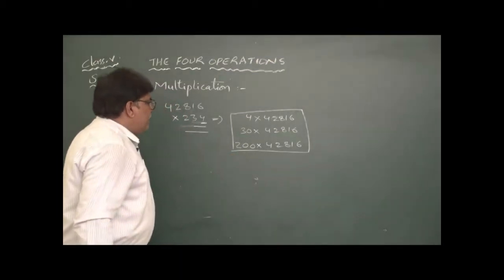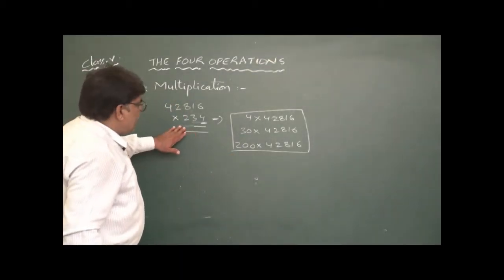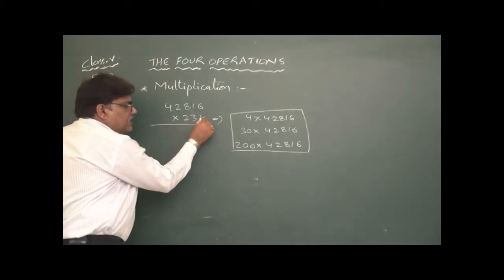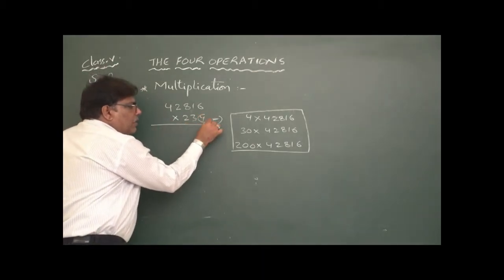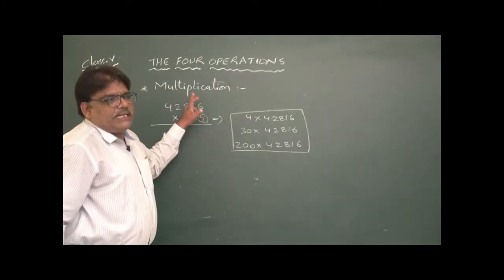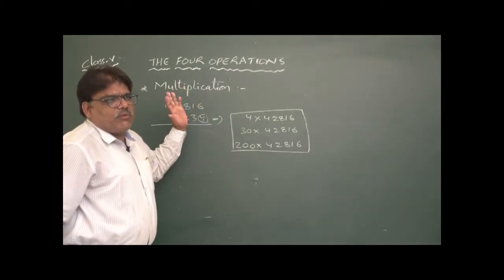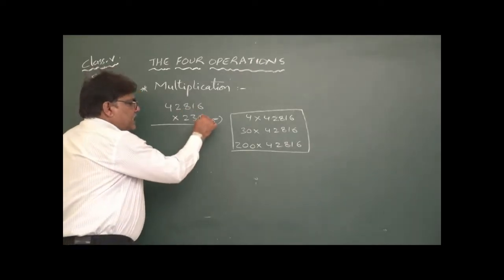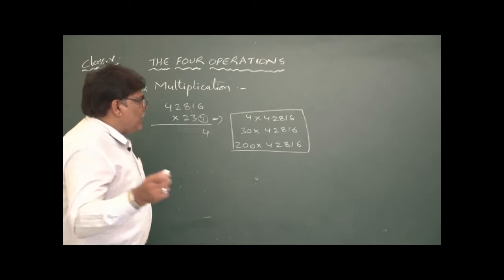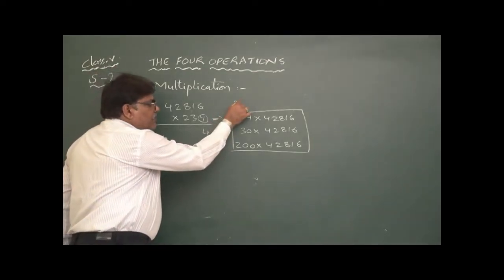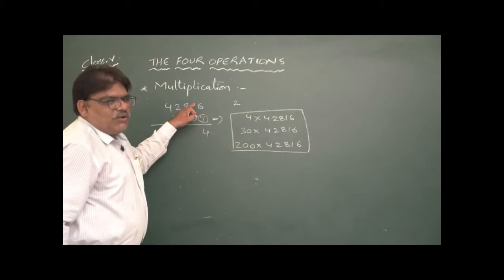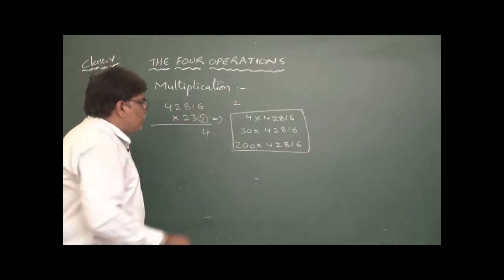Instead of this, we can do it directly, that is, multiply the ones digit. Here we compulsorily require tables. 4 6s are 24, 4 carry 2, or else in the rough column we can make the carry number. Then 4 ones are 4, 4 plus 2 is 6.